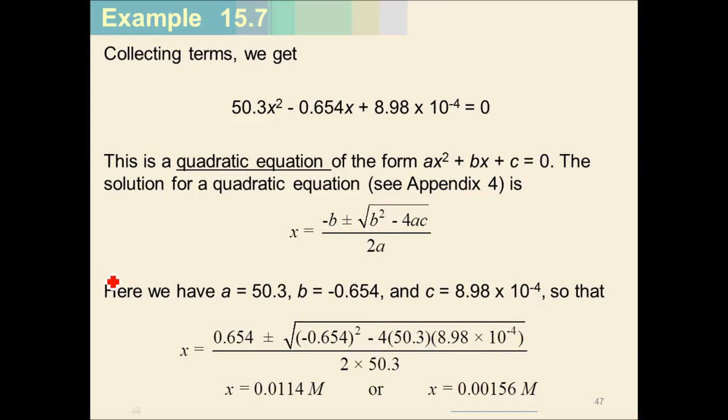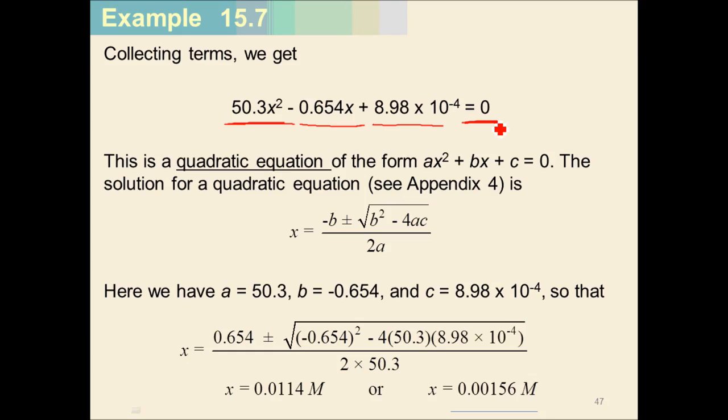On slide 47 then, collecting these terms, what you'll end up with is 50.3 times x squared minus 0.654x plus 8.98 times 10 to the minus fourth is all equal to 0.